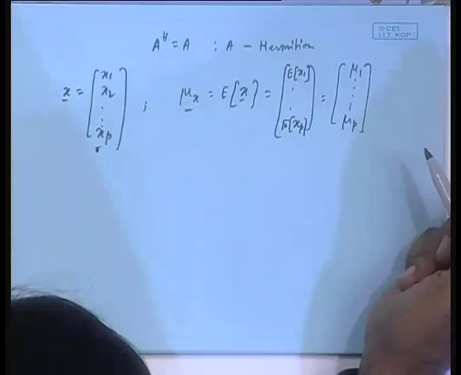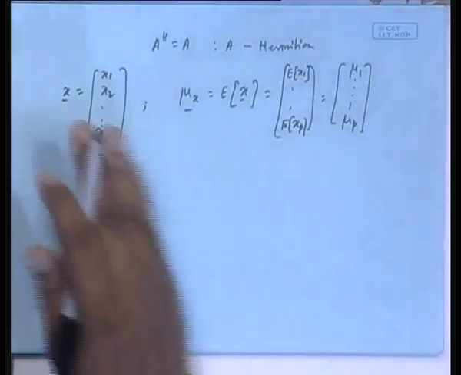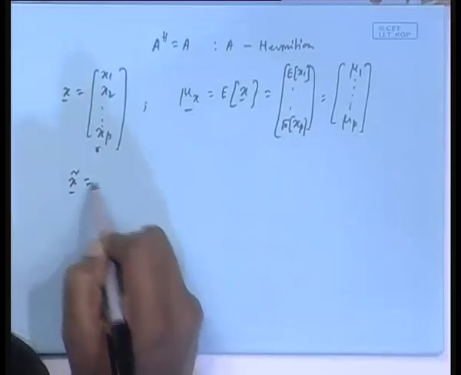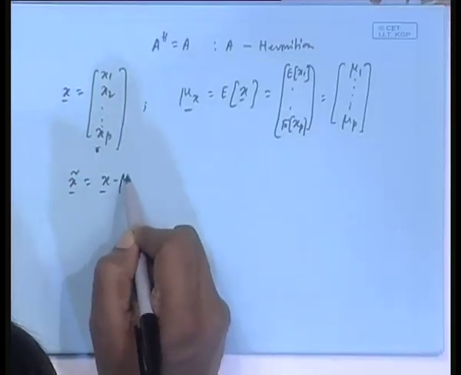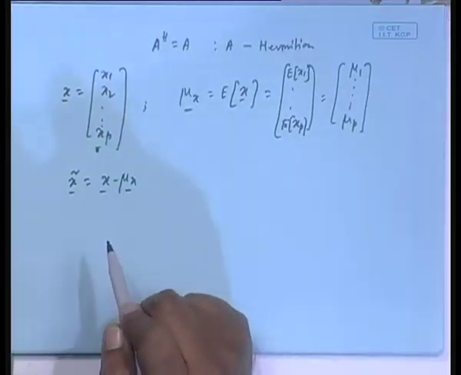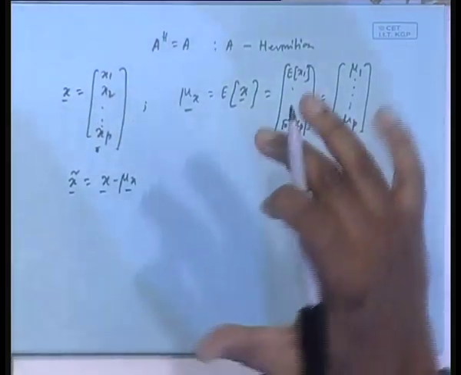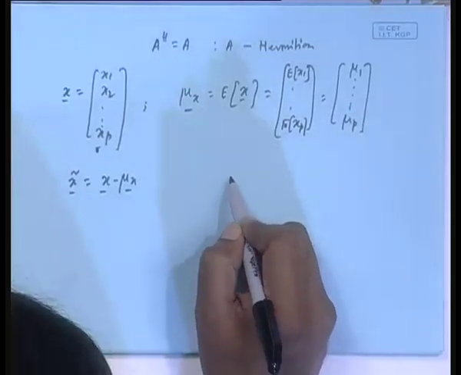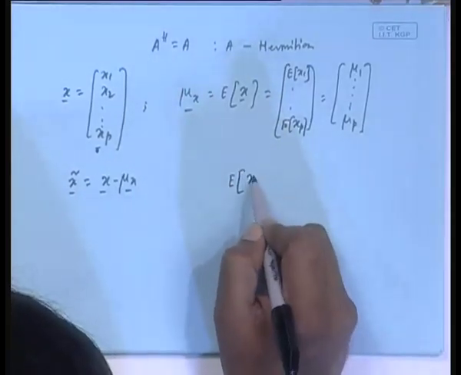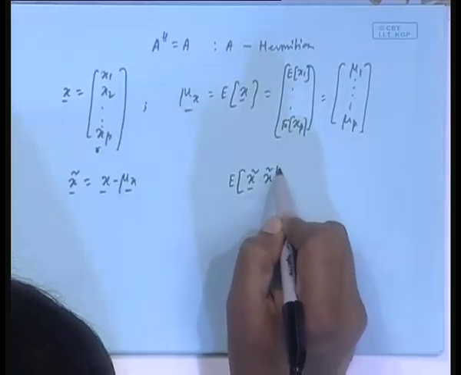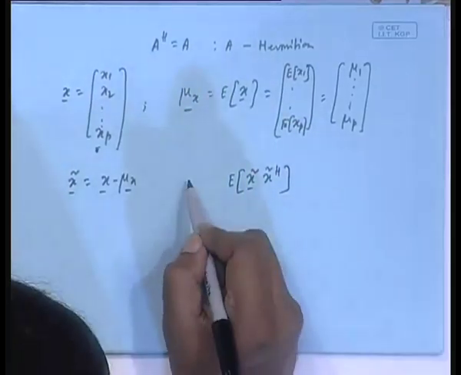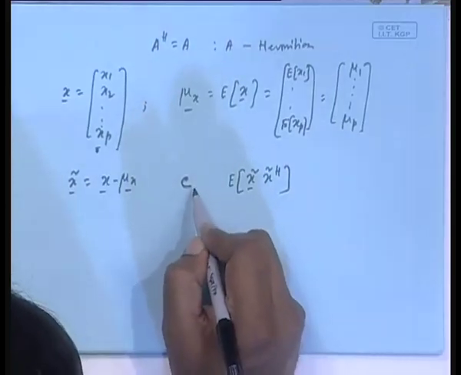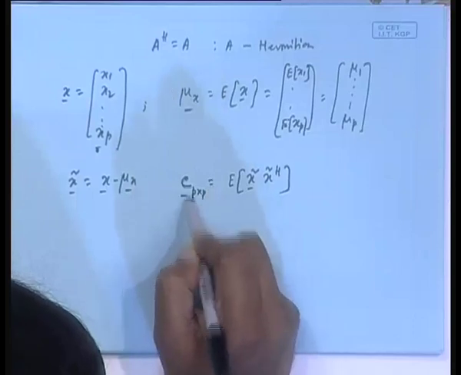Okay. And then I said that if you consider this vector x tilde as x minus mu x vector, it will give only the deviation about the mean. And then if you take E of x tilde x tilde Hermitian, I called it the autocovariance matrix C. You can even indicate it as C p cross p to indicate the matrix.